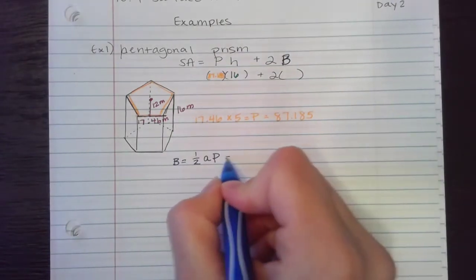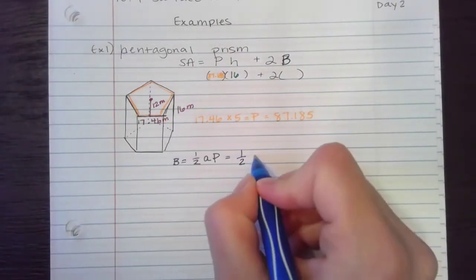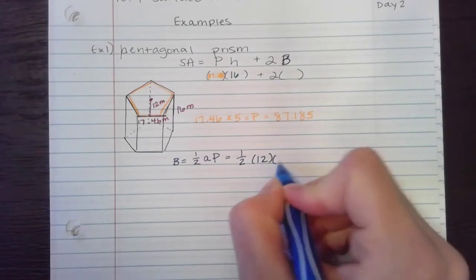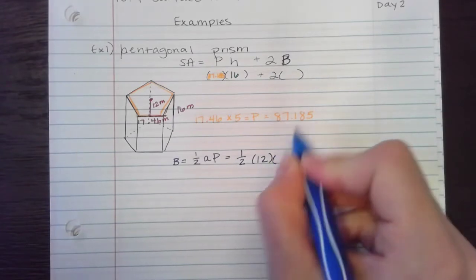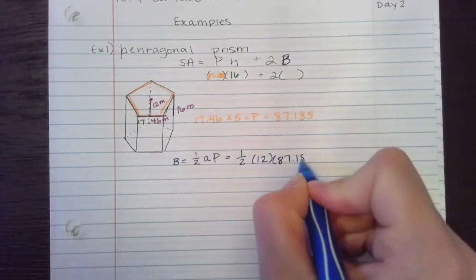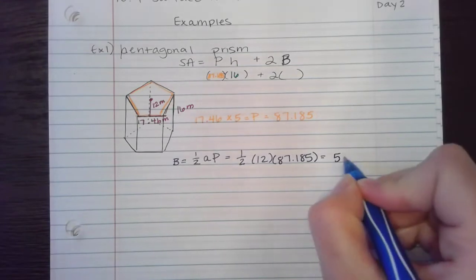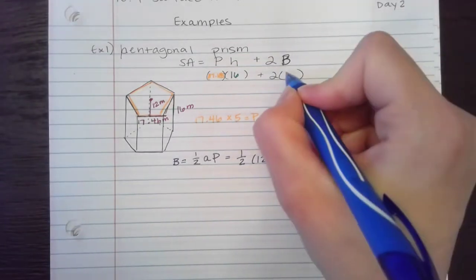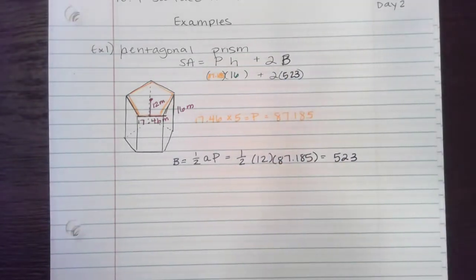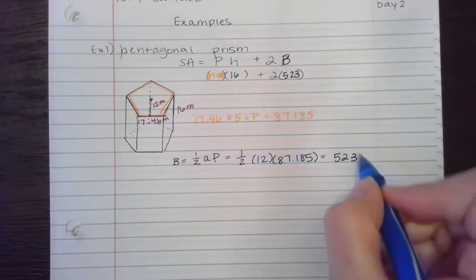A lot of it's given to me. Actually, all of it is. My apothem is 12. The perimeter is, we have it right here, 87.185. Plug that all into your calculator, and your area is 523 meters squared.